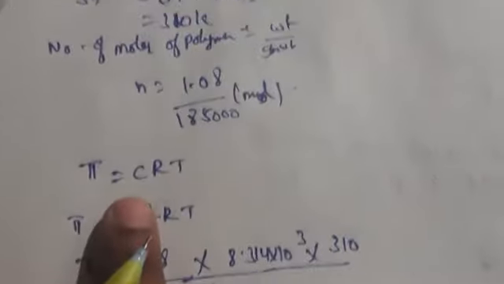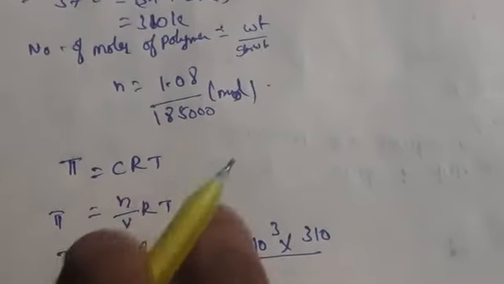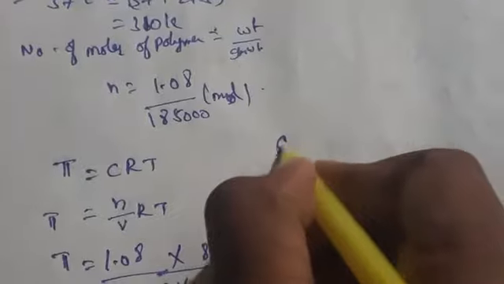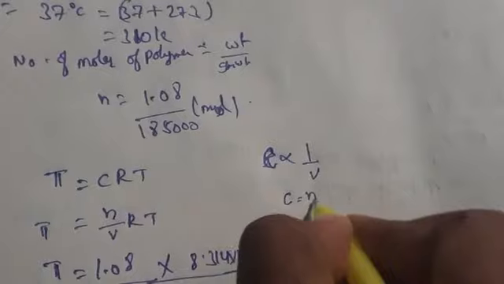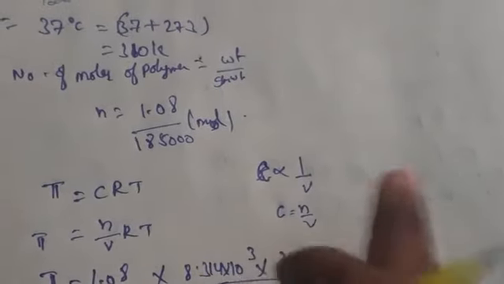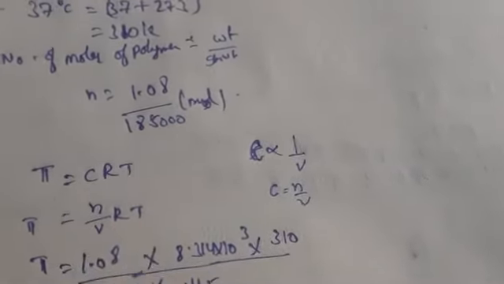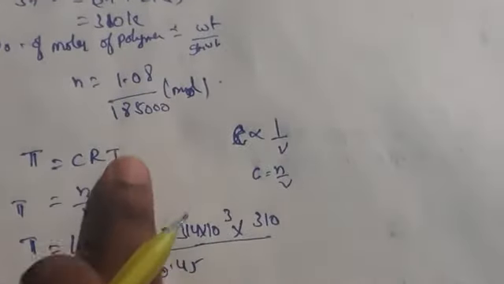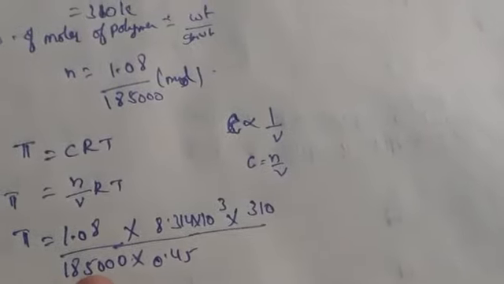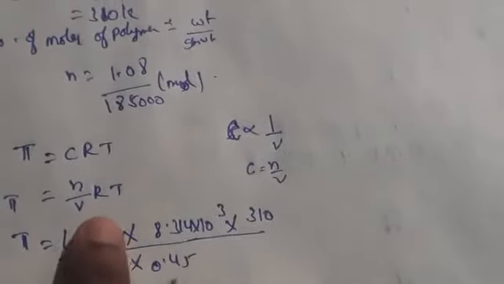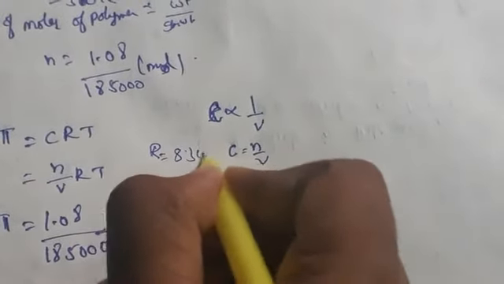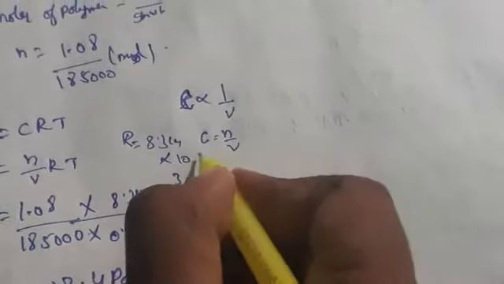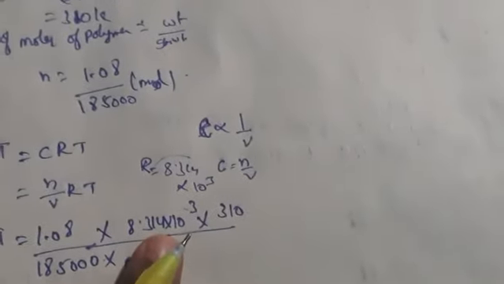So the formula is pi is equal to CRT, where C, as I told you before, is 1 by V. So C is equal to n by V, to remove the proportionality constant. So n by V into RT. The n value is 1.08 by 185,000, and V is 0.45. The R value, the gas constant, in pascals is 8.314 into 10 to the power 3.